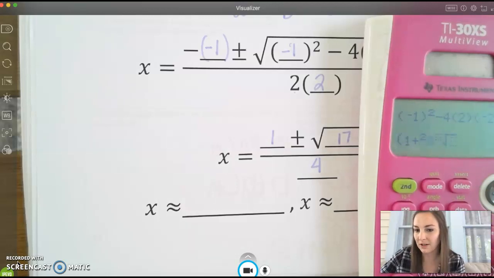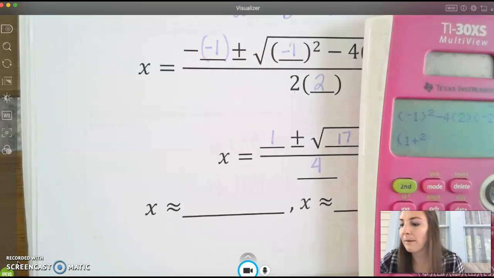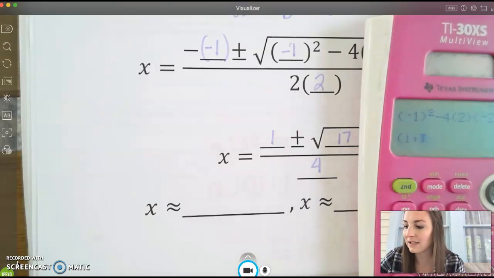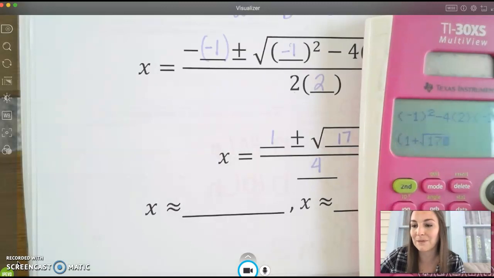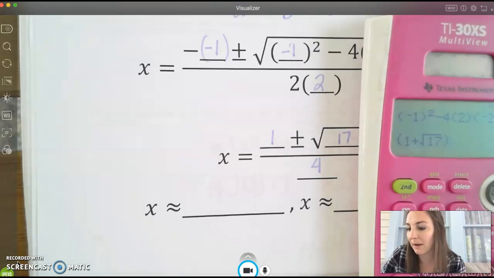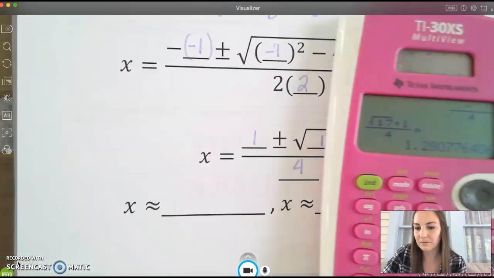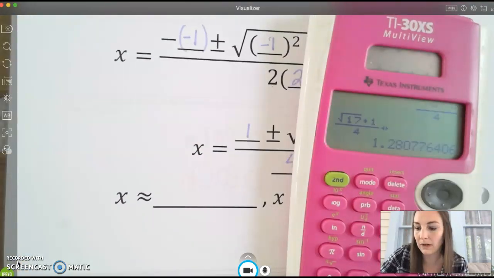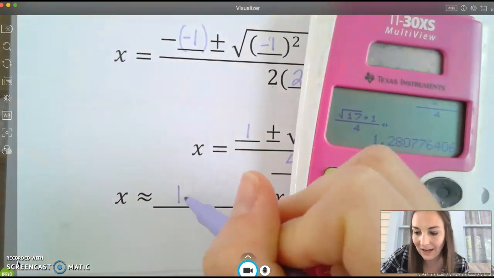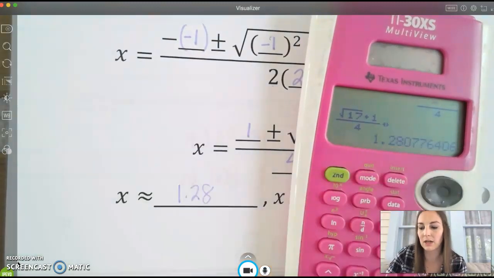Oh my goodness, let's start over here. Okay, 1 plus the square root of 17. As per usual, my document camera is a little behind what I'm actually typing. 1 plus the square root of 17 divided by 4. So I'm going to simplify that to get 1.28. And we'll round to the hundredths today.